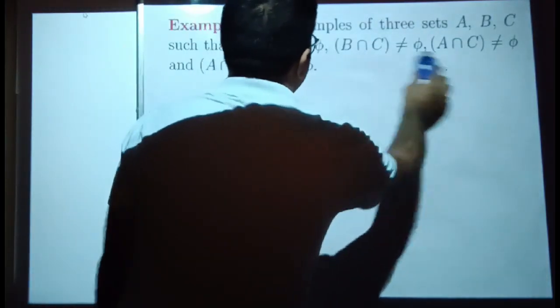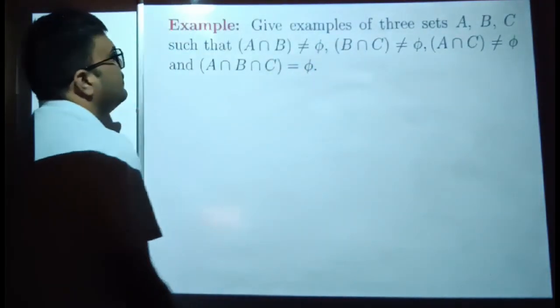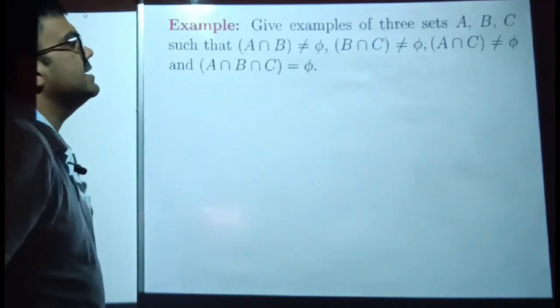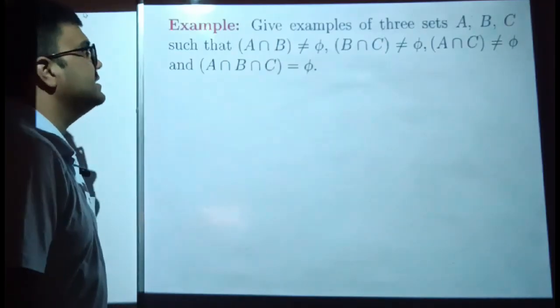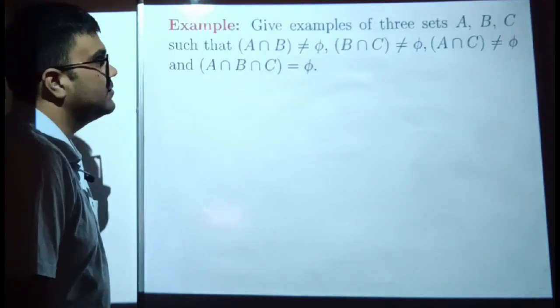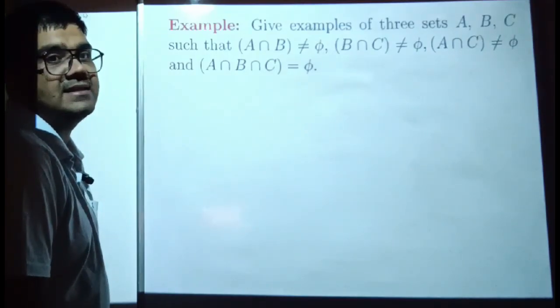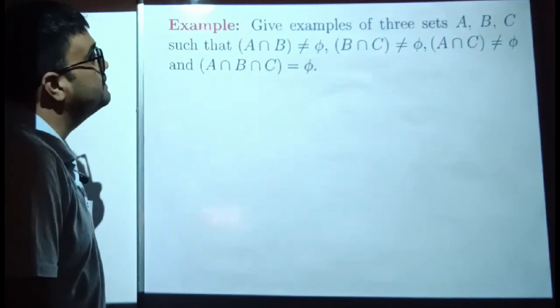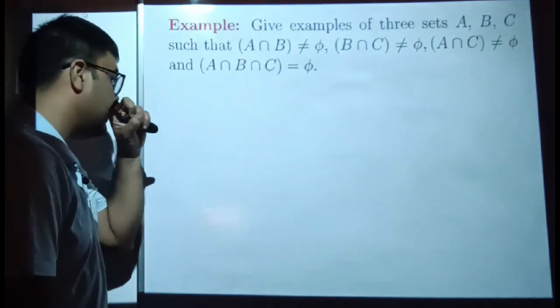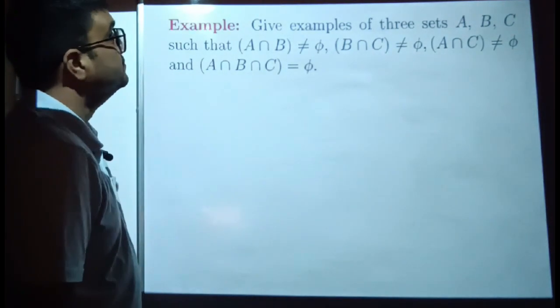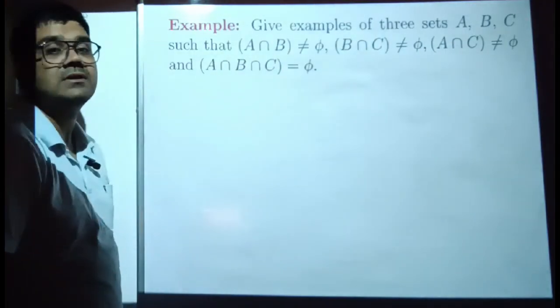Next is: give examples of three sets A, B, C such that A intersection B is not phi, B intersection C is not phi, A intersection C is not phi, and A intersection B intersection C is phi. So we have to consider three sets.